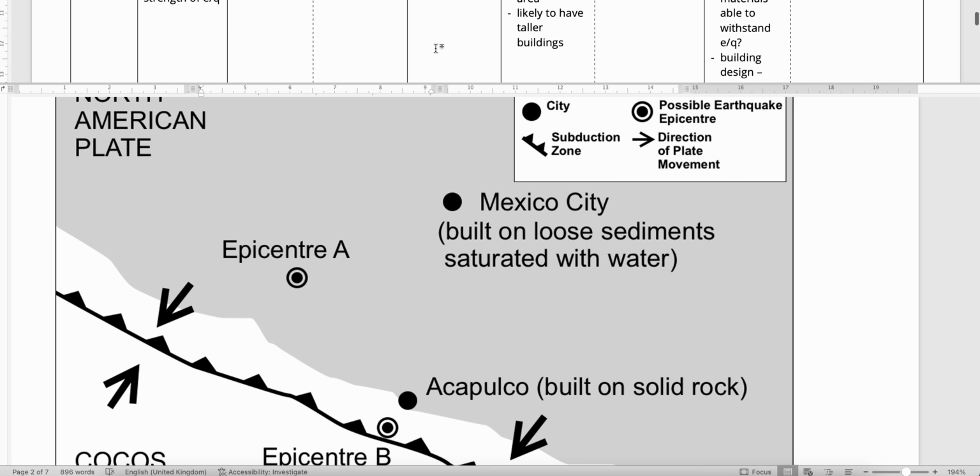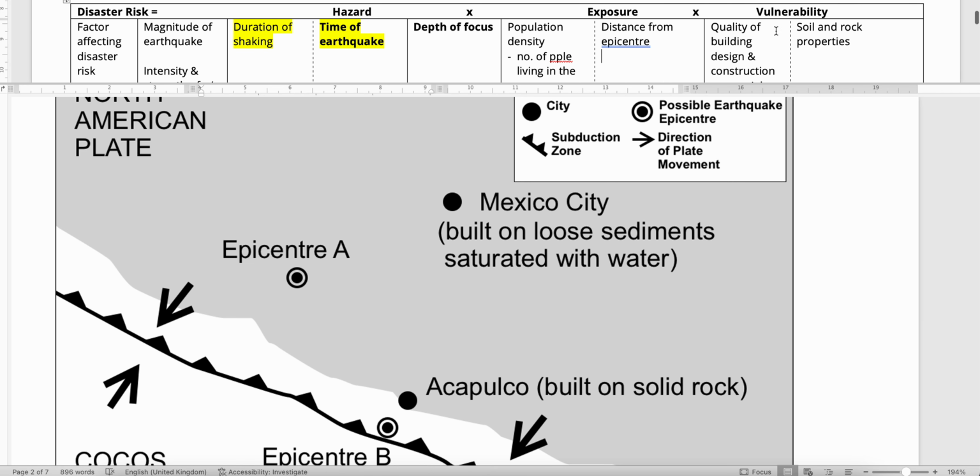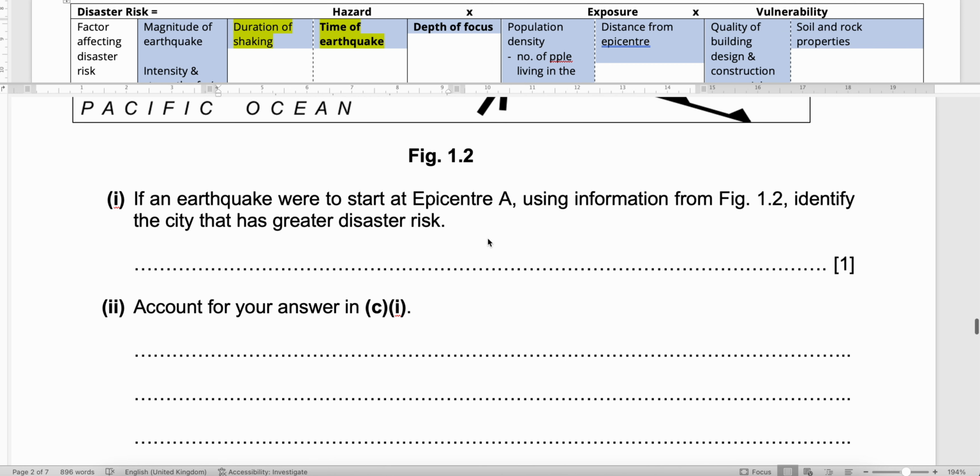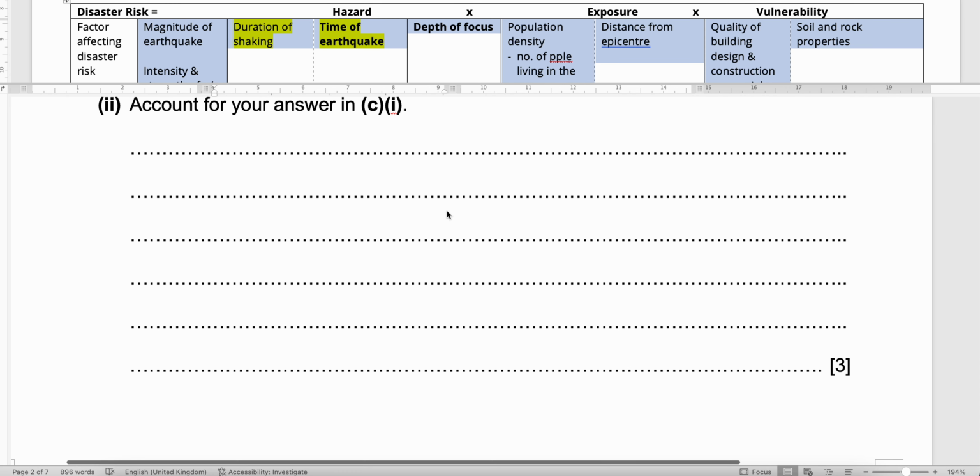If not, then what other factors are there? What other factors that you have learned from the notes can be applied here to decide which is more likely to face a greater disaster? Once you identify the city, use that factor to explain.